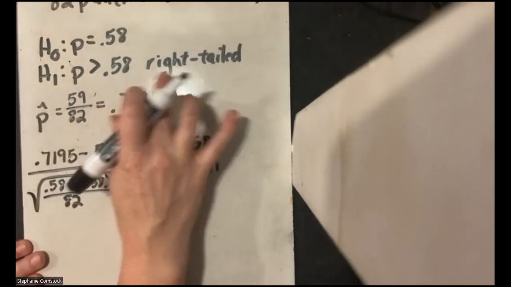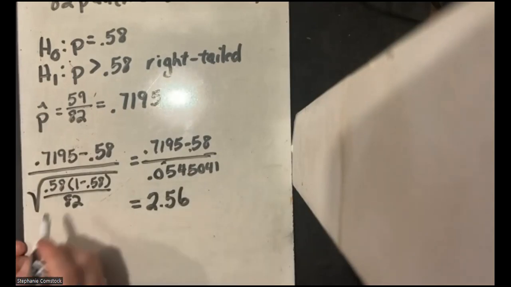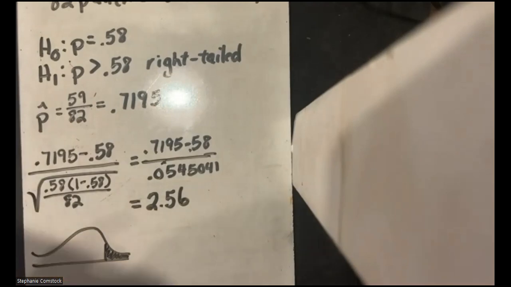Okay. Now, with this being right-tailed, we need to find the area to the right. So again, if we're looking at a pretty picture, here's our 2.56. I need to find the area to the right. So going to my chart, here's my chart again, and I'll again zoom down for you guys. We are going for 2.56.